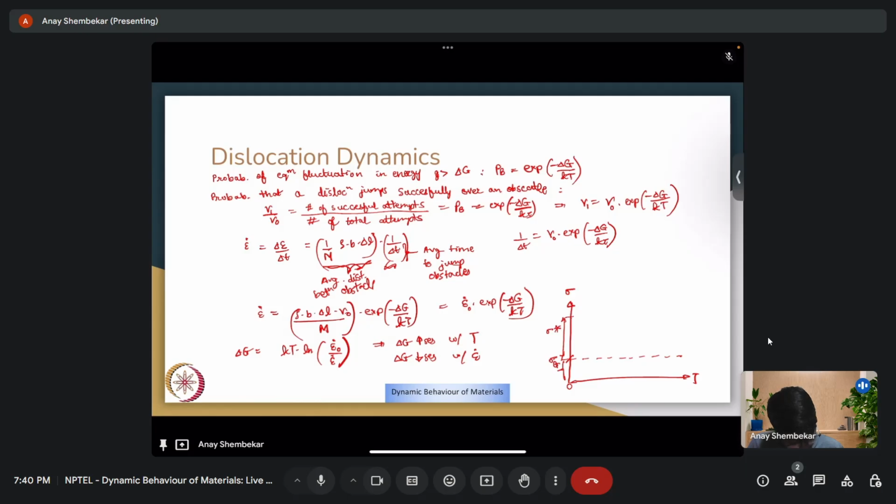So you have something that goes like this and ends up here. What happens is, as epsilon dot increases, delta G decreases, which means that the peak stress required for a higher strain rate loading is higher. This is how it looks, so this is with increasing epsilon dot. So this covers the first region.